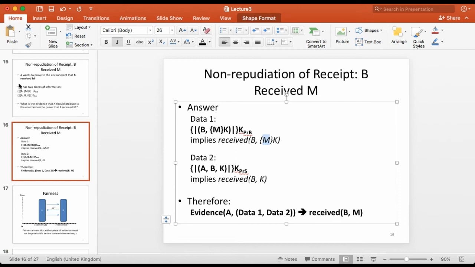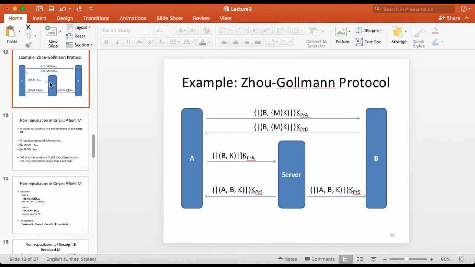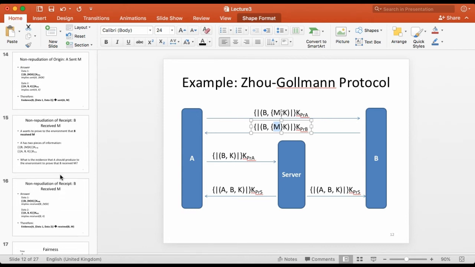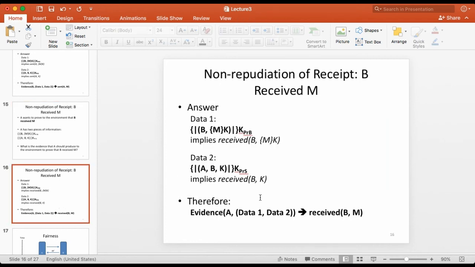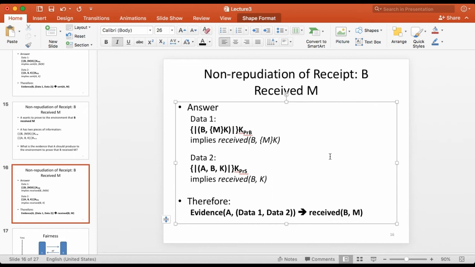Very simply, in an intuitive way, you can see that B is sending the encrypted message back to A. So that means that B has this encrypted message M, or has indeed received it already. Okay, it doesn't prove that it has M, but it proves that it has the encryption of M using K. From the second piece of data, it proves that indeed B has got K.